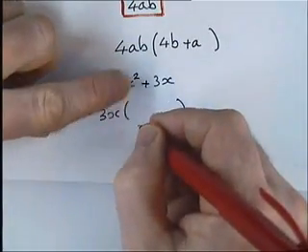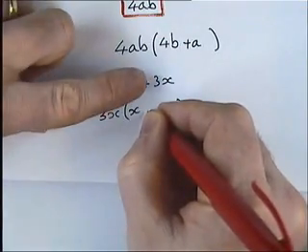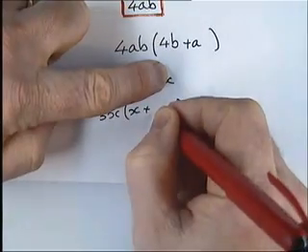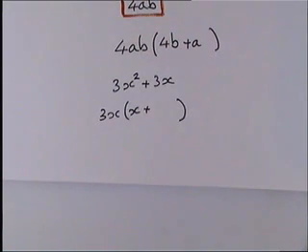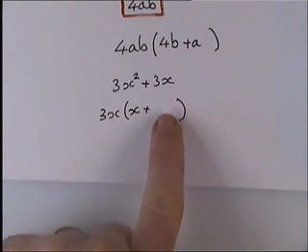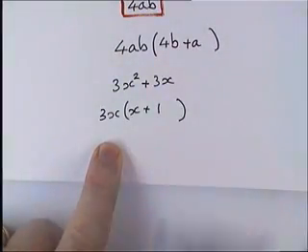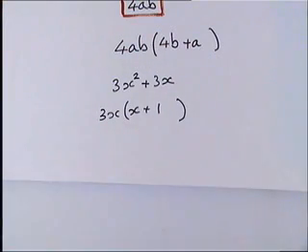What do we times the x by to get the x squared? It's x. What do we times the 3 by to get the 3? It's 1. And what do we times the x by to get the x? It's 1. Now, I've said you don't put the 1s down, because 1 times by something is just the something. But in this case, there's nothing else we're multiplying by other than 1. So it's very important that you put the 1 in, or the 1 times by 1. Now 1 times by 1 is 1. So be careful of ones like that, or questions like that.